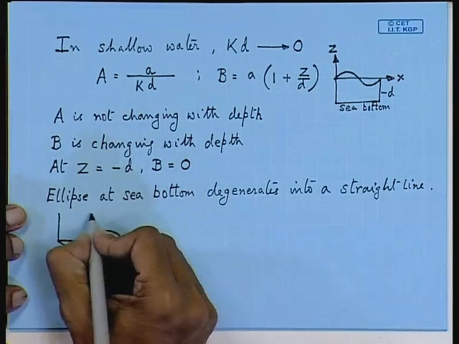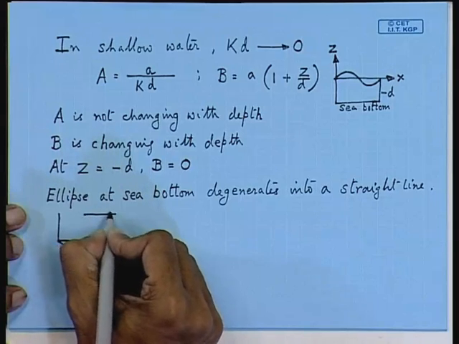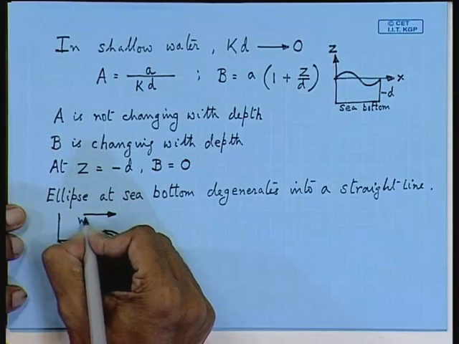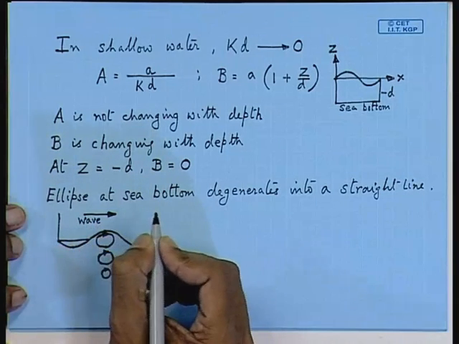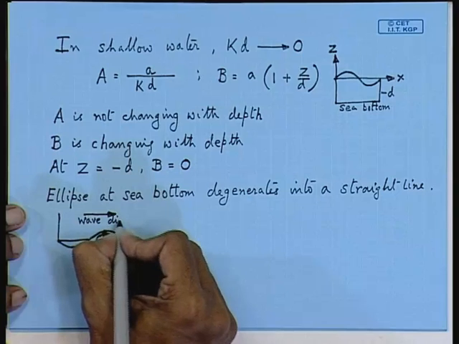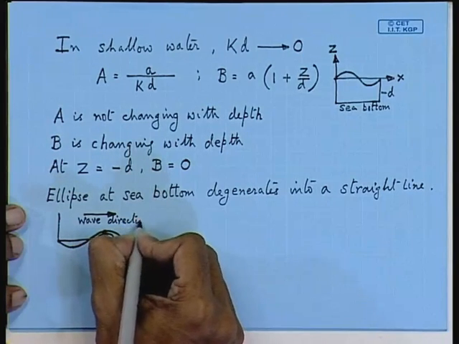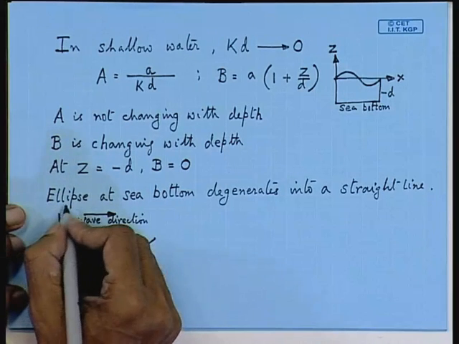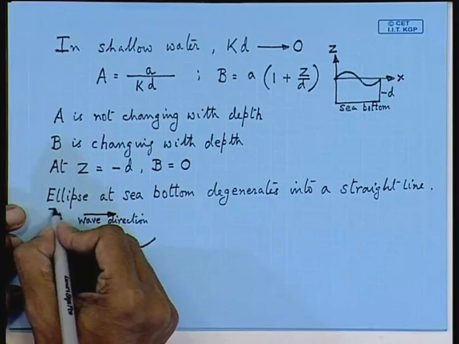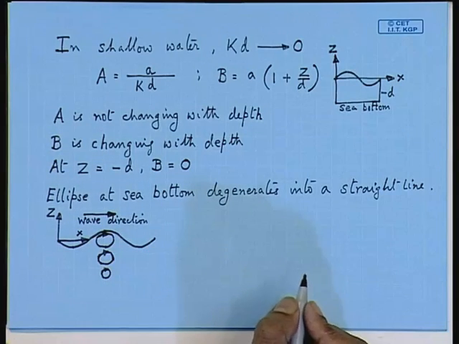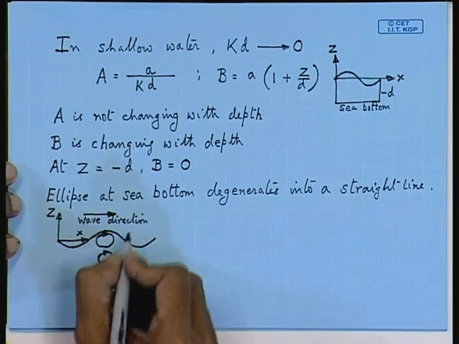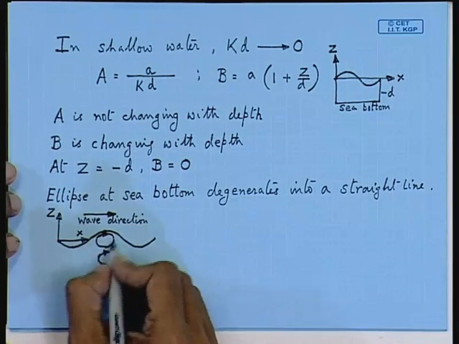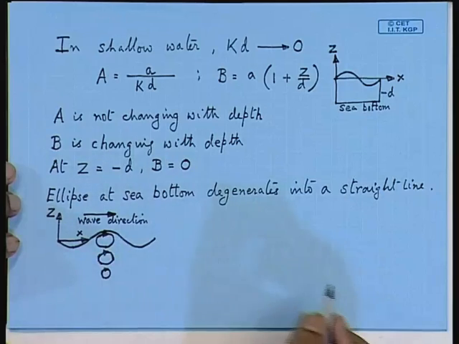Now, the propagation of the wave is from left to right. So, this is your wave direction, this is your positive direction for x, and this is your positive direction for z. What will happen to this person who is at the wave crest? He will get knocked away, he will be thrown off, is it not? Because this is going in the clockwise direction.